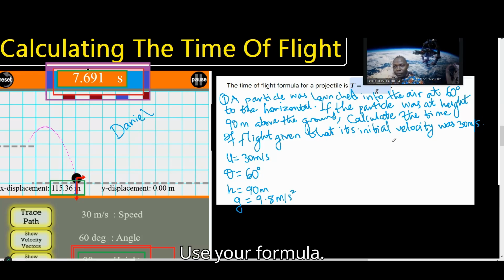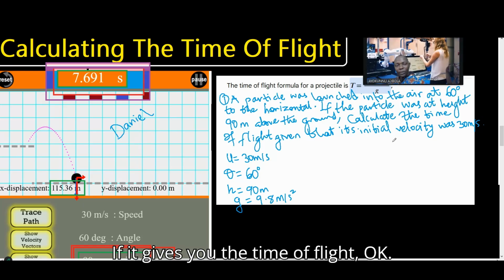Use your formula. T equal to 2u sine theta over g. Try to calculate and see if it gives you the time of flight, okay?